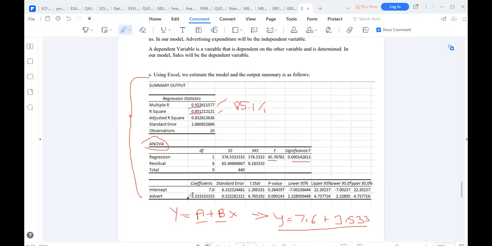The coefficients here. The intercept is your A. Then your advertising is your B. Your slope is 3.533. Then you put it in there. Are we together on coming up with the regression equation?